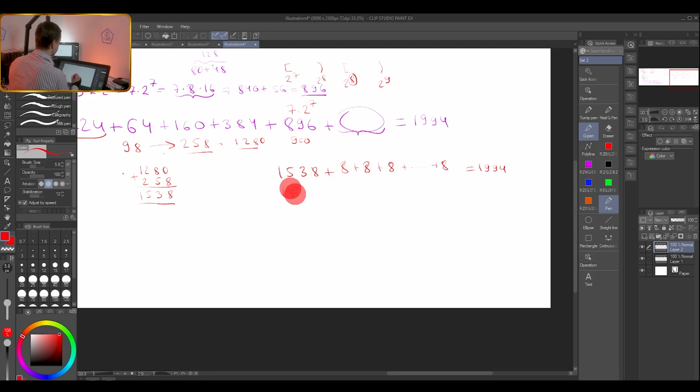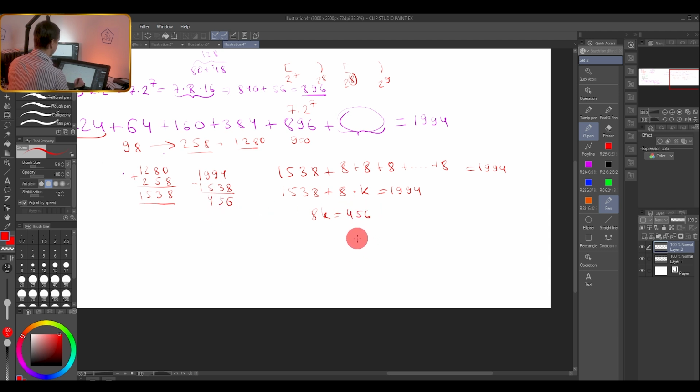So here we can make an equation: 1538 plus 8 times k equals 1994. Let's solve it to understand how many 8s we have. 8k equals 1994 minus 1538. 14 minus 8 is 6, 8 minus 3 is 5, and then 4, so 456.